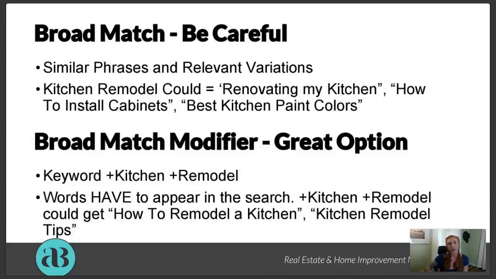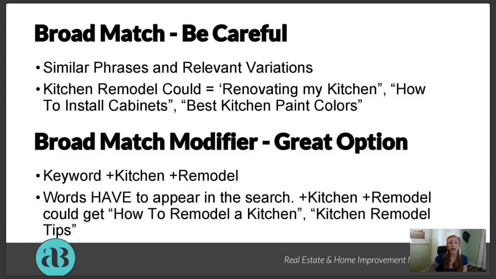And basically you could be shown for things that maybe are slightly relevant, but it may not at all be your buyer that you're showing your ad to. So if I typed in kitchen remodel, this could be how to install cabinets or best kitchen paint colors. That may not be at all what I'm looking for. That's someone, again, who's looking for a lot of information and not necessarily the exact buying phrase that I'm searching for.